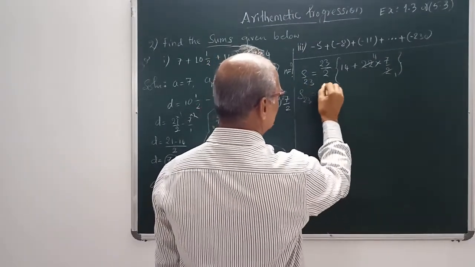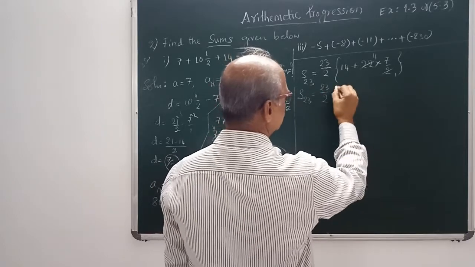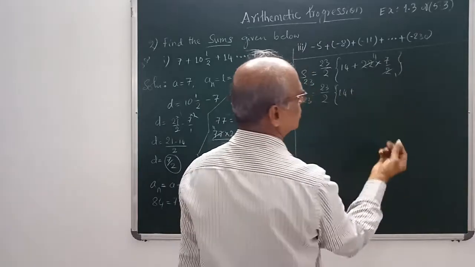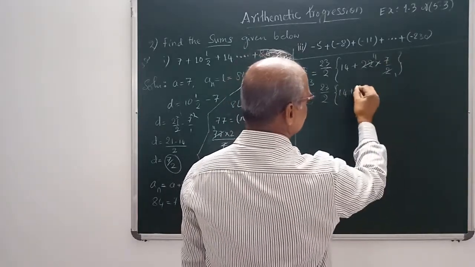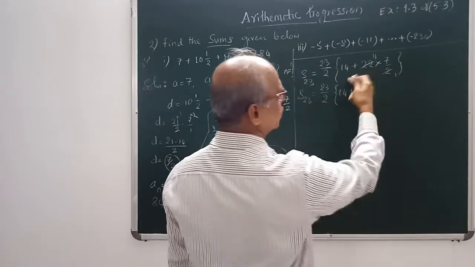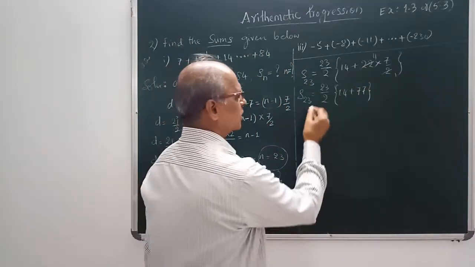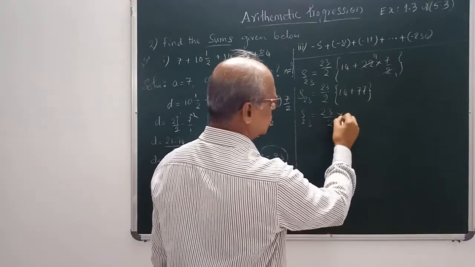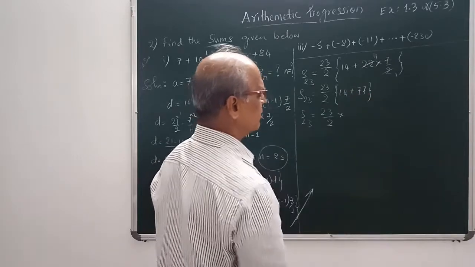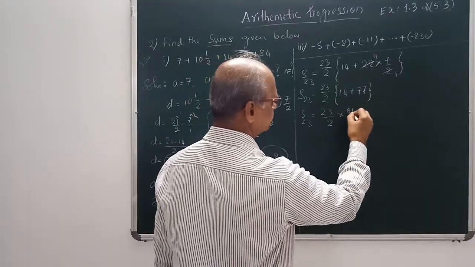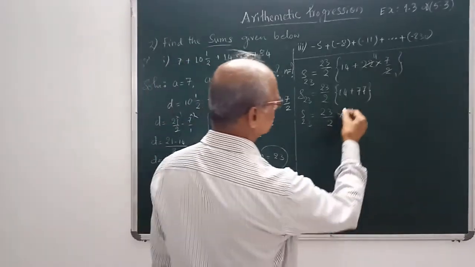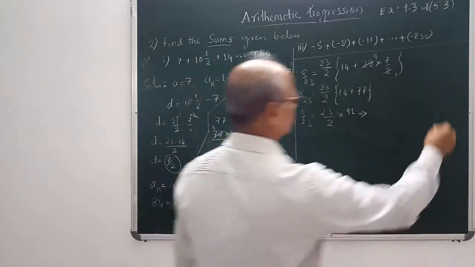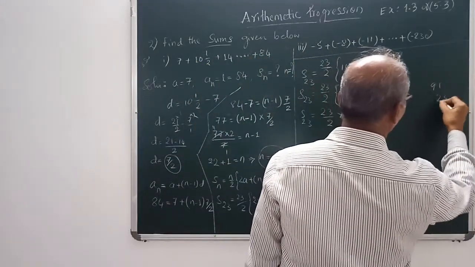Yes, S23 is equal to 23 by 2. Check the answer. Meanwhile, this is 14 plus 7, not 7 by, only 7 is there now. 7 11s are 77. So nothing is there in the denominator. Now here, S23 is equal to 23 by 2 into 77 plus 14, which is 91. No cancellation. That means you have to multiply and keep it. 91 into 23.